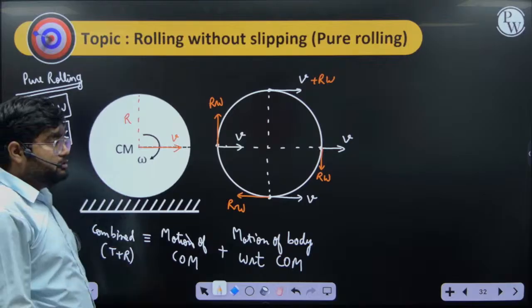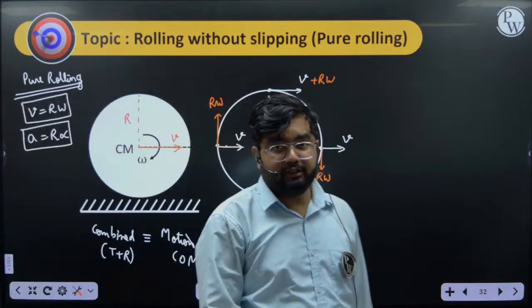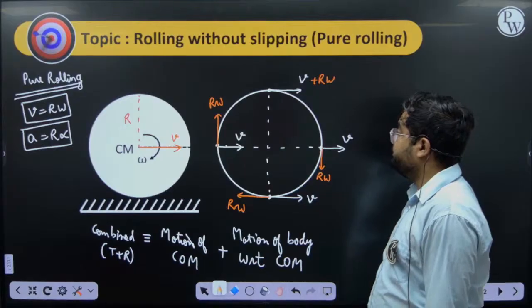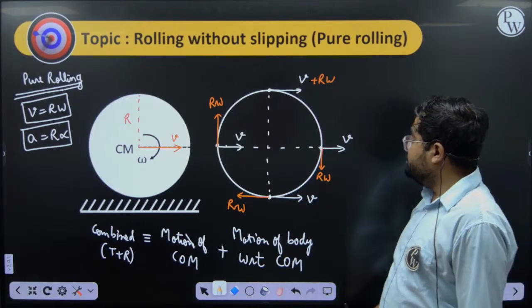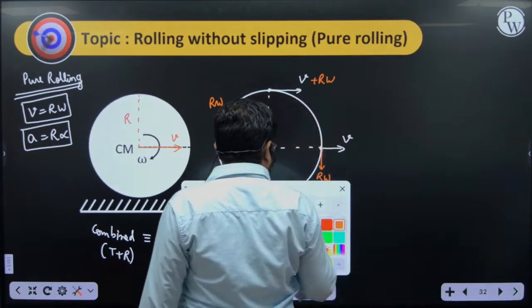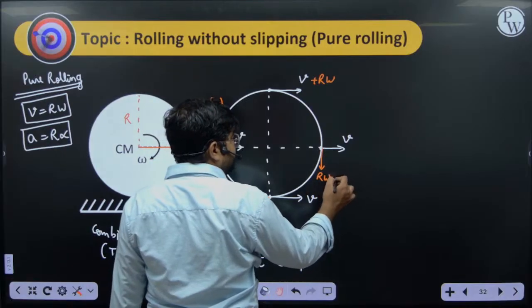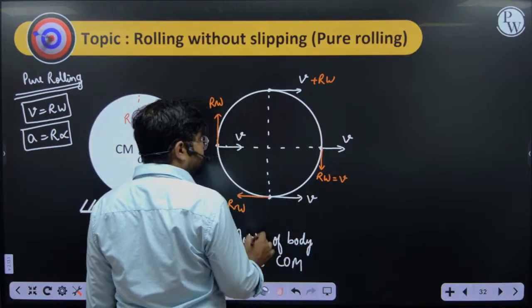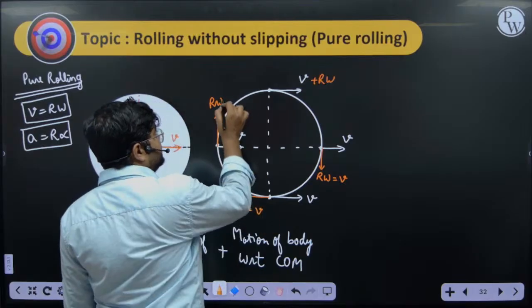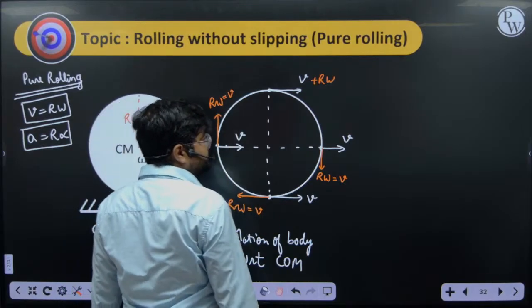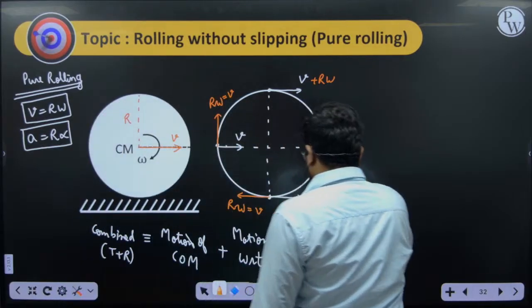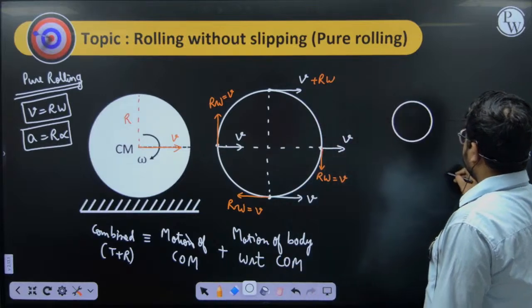So these two relations we need to memorize for pure rolling. So instead of r omega, I can also write v, because this is simply equal to v.